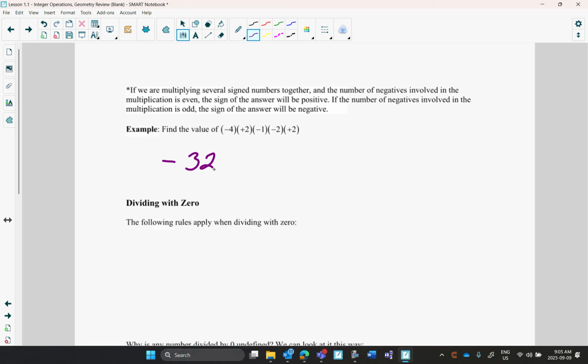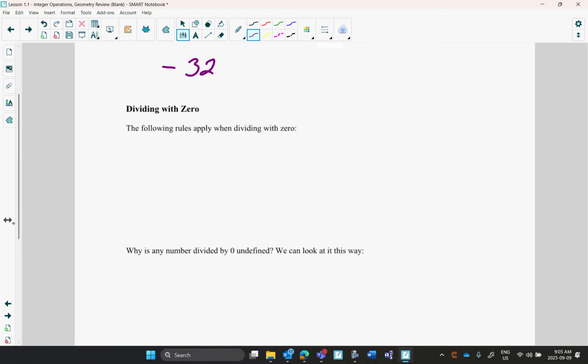This next one may be something new to you. I'm going to say 0 divides 7, and 7 divides 0. So it all depends if we're dividing 0 by a number or dividing a number by 0. 0 divides 7. What do you think?